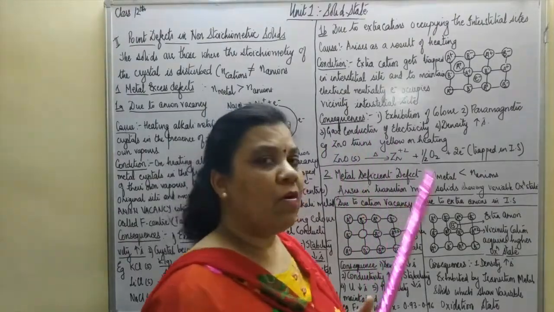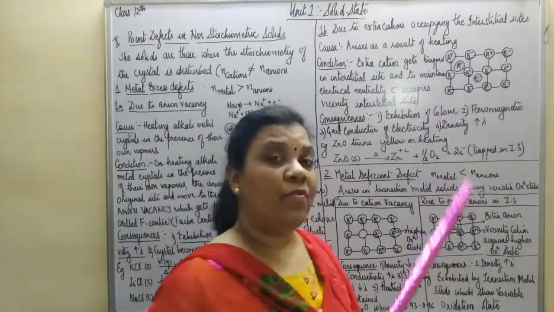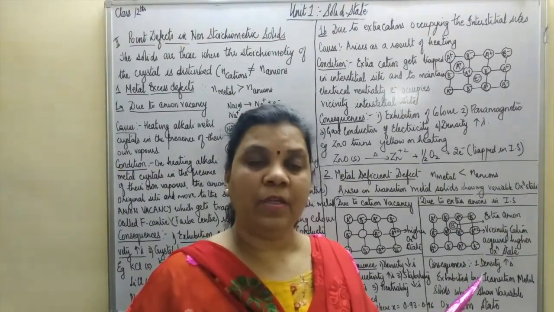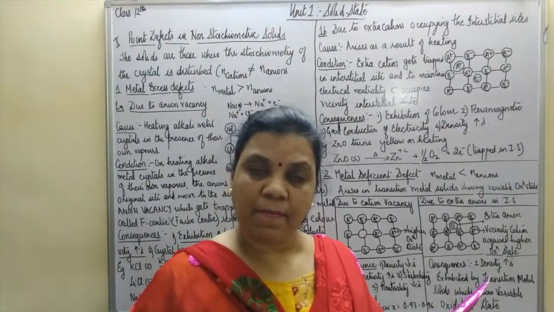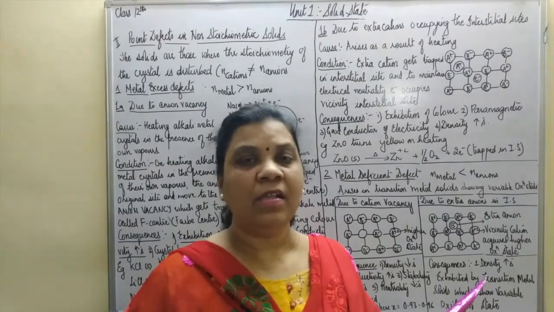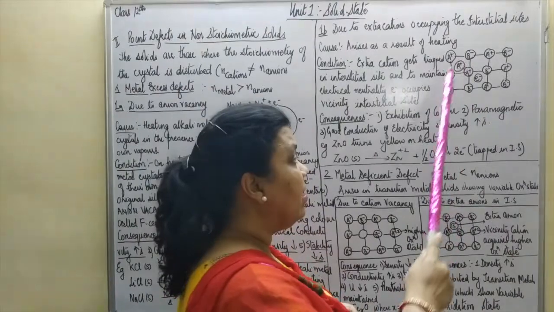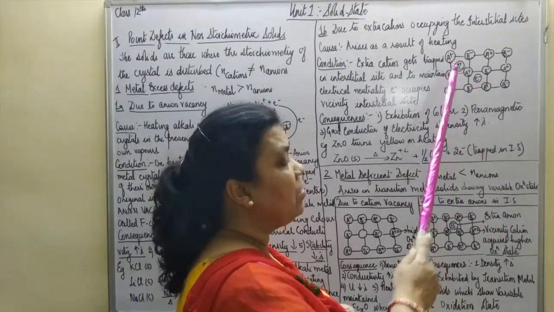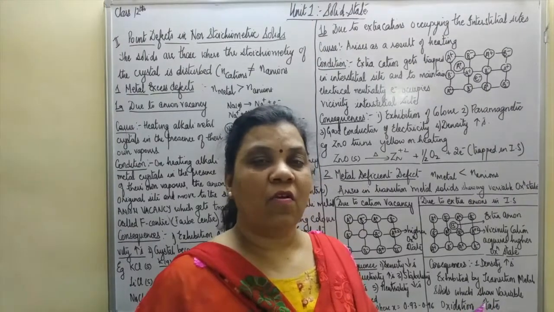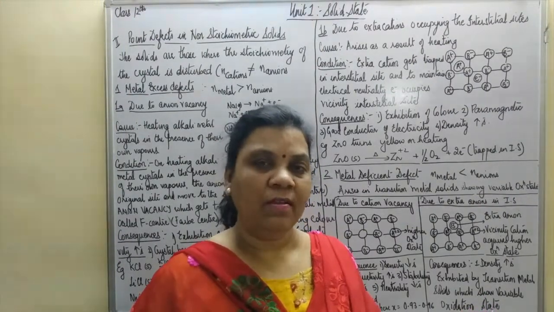Now let's see what are the consequences. Again, this unpaired electron will be responsible not only for exhibition of color, but also for making the crystal paramagnetic, and also for increasing its electrical conductivity. And obviously the density will increase because mass per unit volume will increase due to extra cations accommodating the interstitial site.